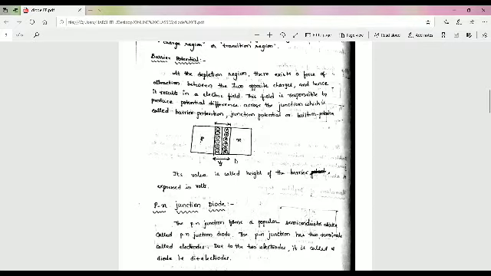The charges existing near the junction create the potential difference, that is called the voltage. Potential difference means voltage across the junction. The electric field between the charges is responsible for producing the potential difference across the junction.